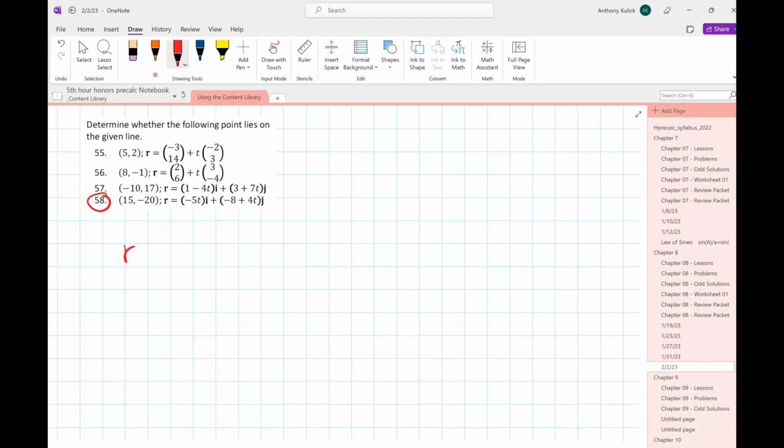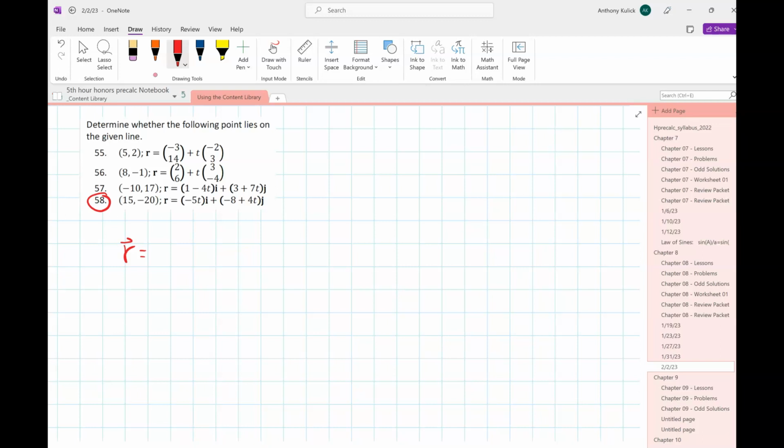What I'm going to start by doing is rewriting this like an i, j component form problem. Because right now it's in this kind of annoying linear combination form, right? Okay.